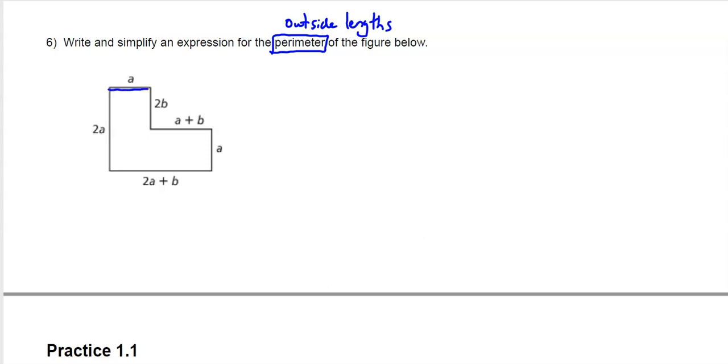So we have A, and then we have 2B, and then we have an A plus B. Then we have another A. And then we have a 2A plus B. And then finally, we have a 2A. So I should have 1, 2, 3, 4, 5, 6 sides all represented there.